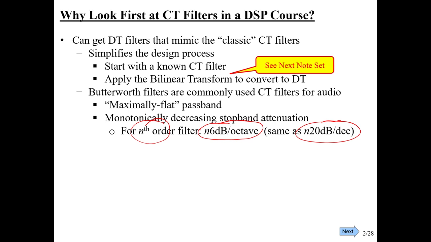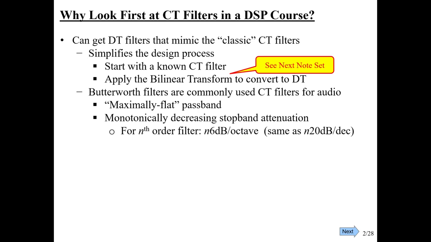Well, 6 dB per octave is the same thing, just written a different way. Remember, octave is a doubling and decade is a factor of 10. I know it seems weird. This should be 8 since this is saying dec and it's 10. Octave should be 8, but it's not because it's borrowed from music where the octaves in a scale have fundamental frequencies that are just a factor of 2, a doubling.